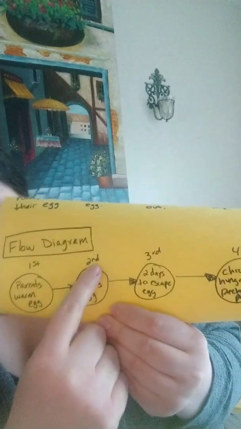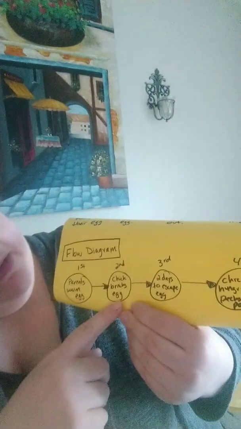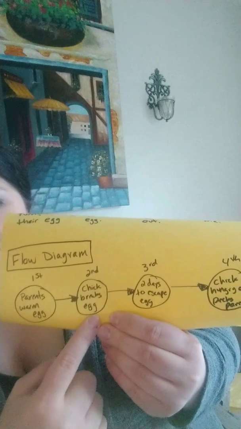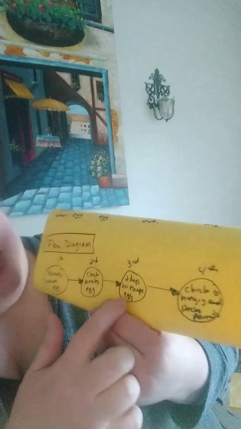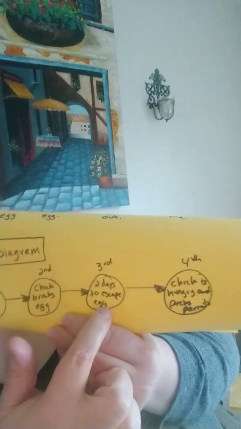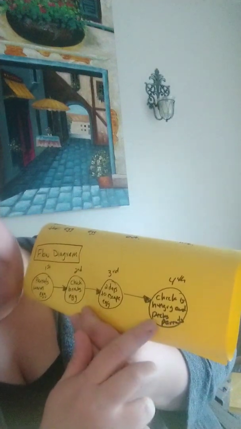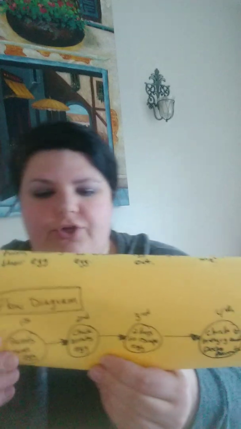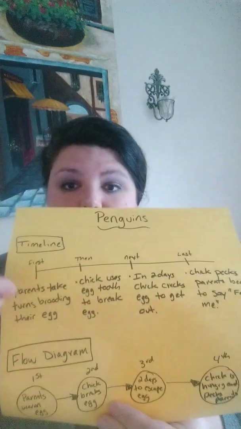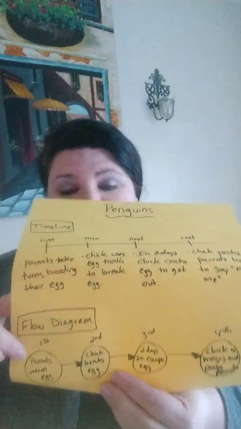Second, this time I used numbers, 1st, 2nd, 3rd, 4th, to show the sequential order. So then the second one, chick breaks egg. 3rd, 2 days to escape the egg. And the 4th one, chick is hungry and pecks the parents. So you'll notice that I did a little bit of different writing just to fit the different type of chart.